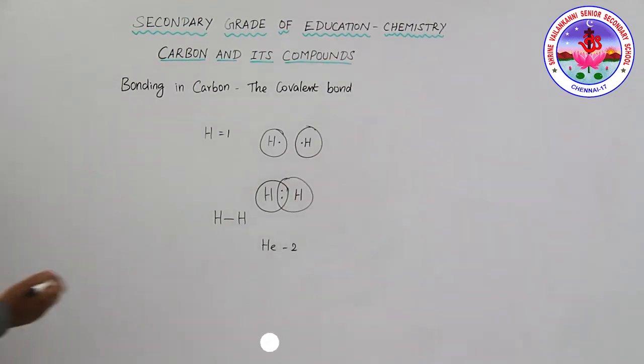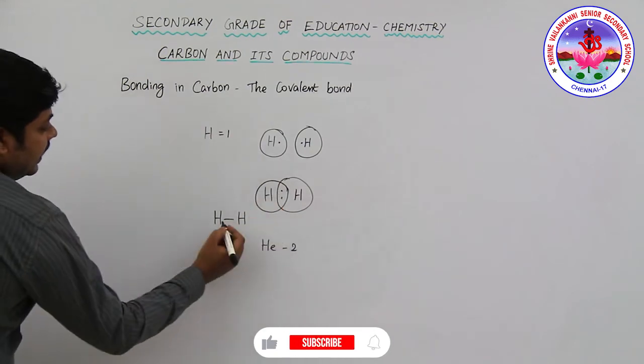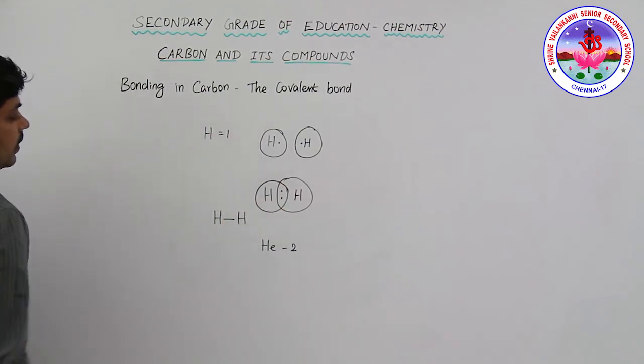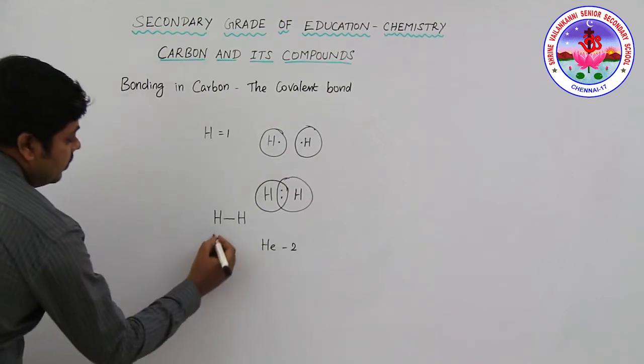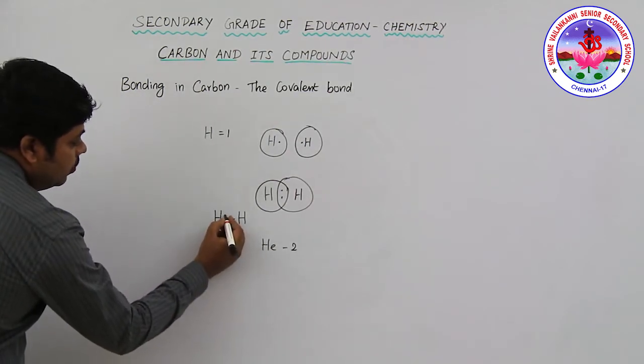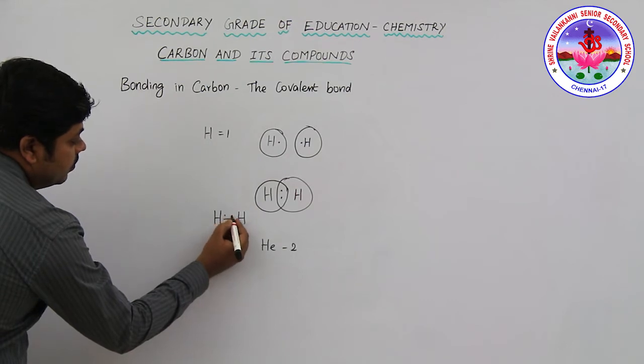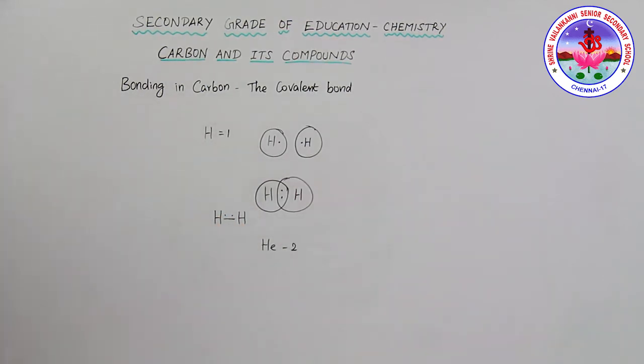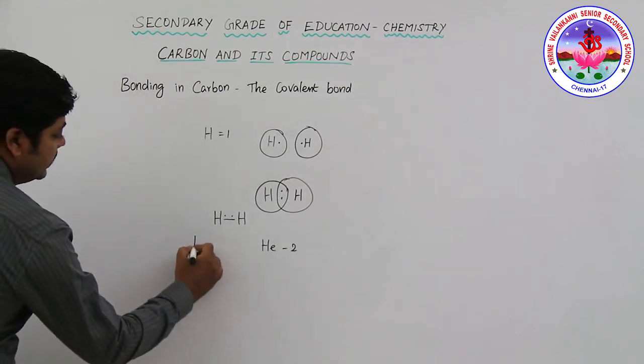The single bond contains 2 electrons, and we can write it as a single line, which is called a bond. We can denote it simply as H-H.